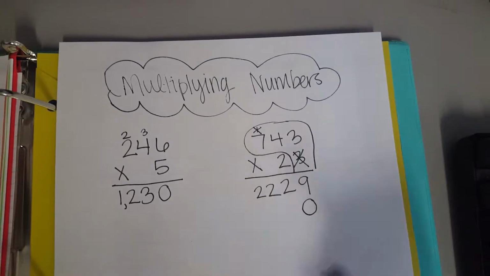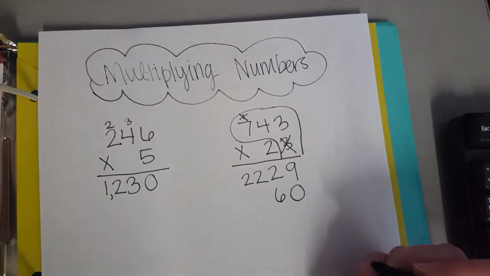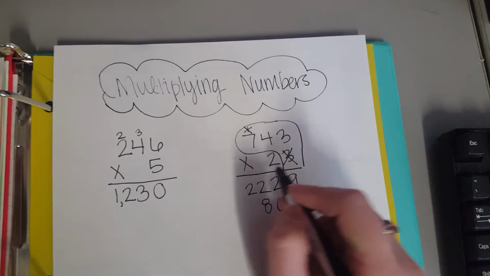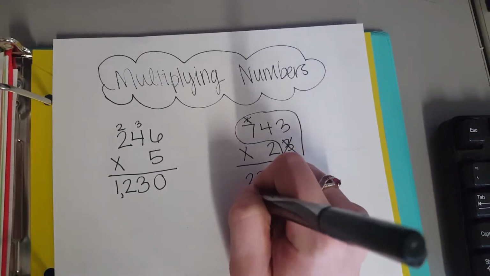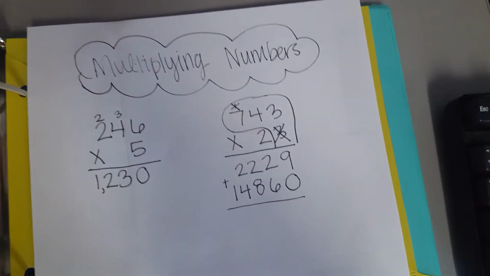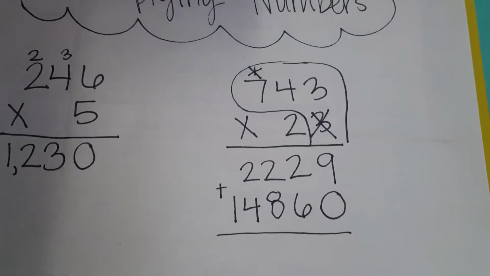And then we're going to follow the same steps. Multiply the bottom times the top. 2 times 3 is 6. Bottom times the top. And bottom times the top. 7 times 2 is 14. Now I'm going to add those together, and this is why it was so important for us to practice stacking our addition.